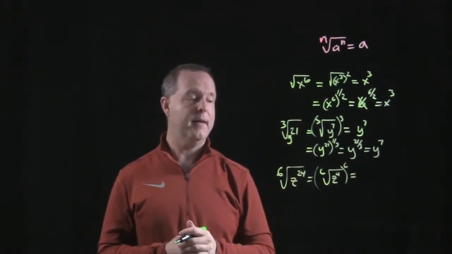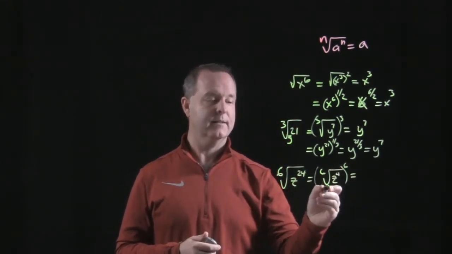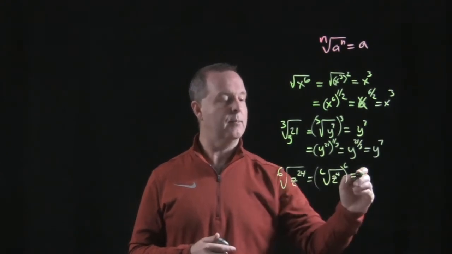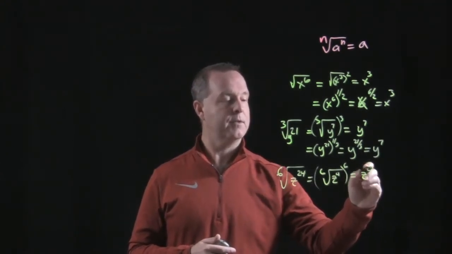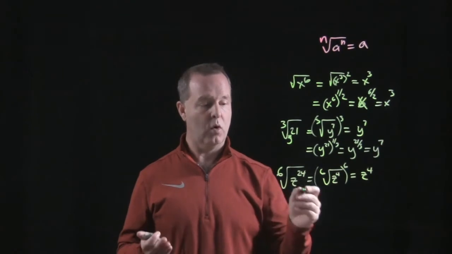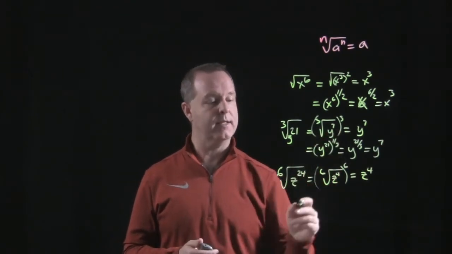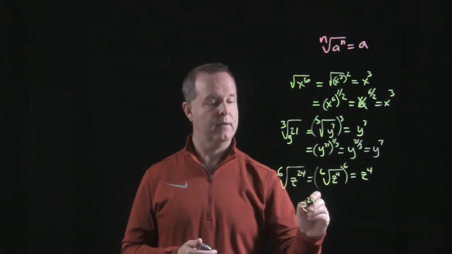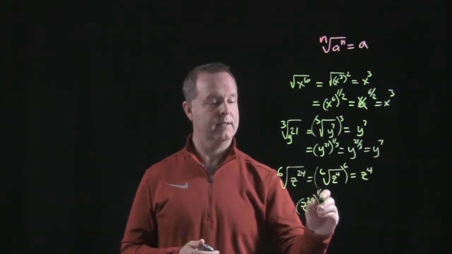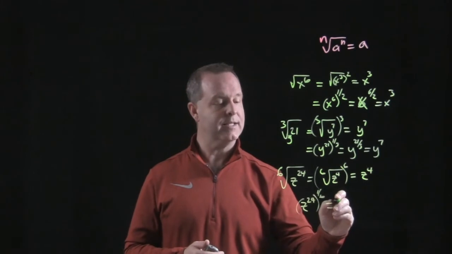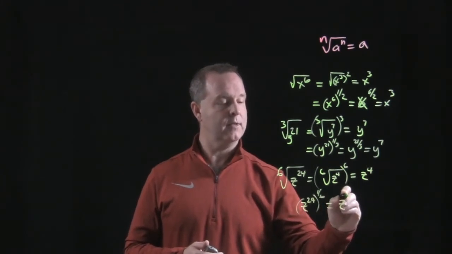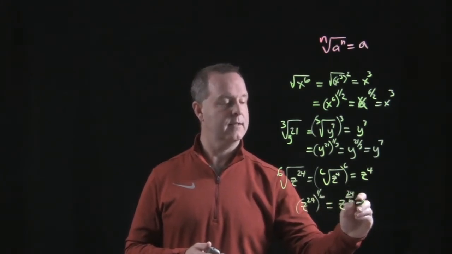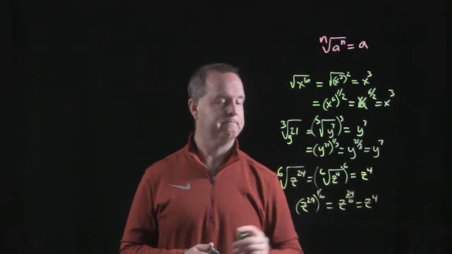Following our model up there, I'm raising to the same power as the index. I'm left with z to the 4th. Or rewriting this as an exponent, if I would choose to, that could be z to the 24th to the 1/6. Multiply the exponents. z to the 24 divided by 6 equals z to the 4th.